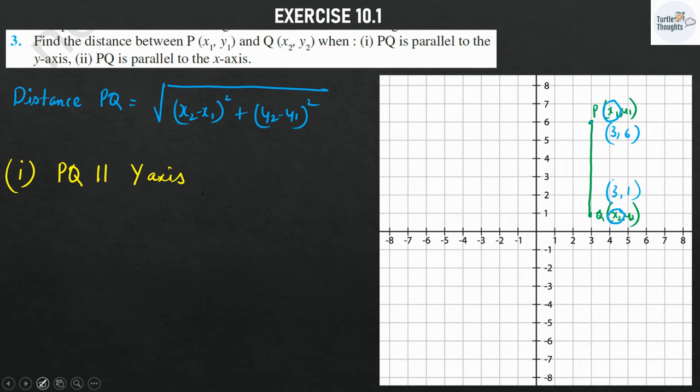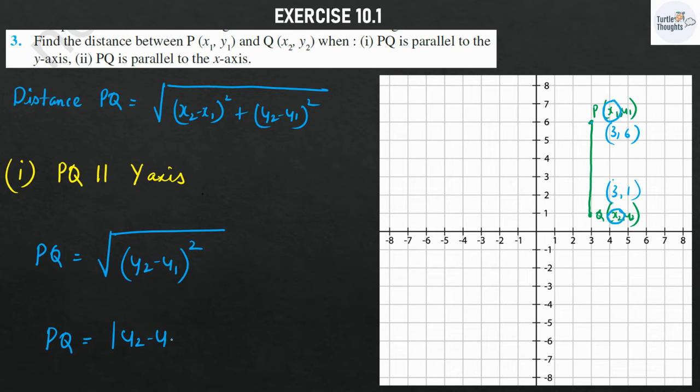So I can tell that the distance PQ is going to be equal to the root of (y2 minus y1) whole square, because if x1 and x2 are equal, x2 minus x1 is going to be 0. So this can be written as PQ equals the modulus of y2 minus y1.